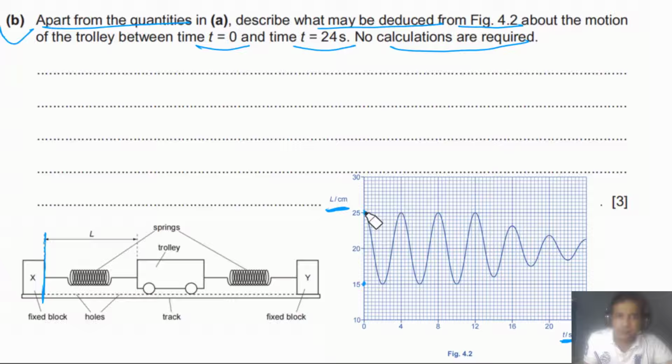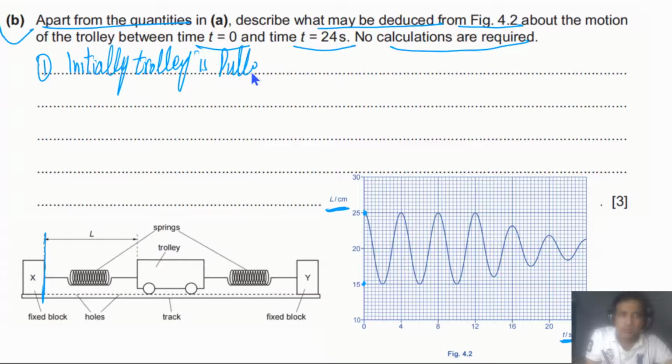As the initial value of L is 25, it means that initially we pull the trolley to the right. So we can say initially trolley is pulled to the right. So this is one thing we can deduce from here.